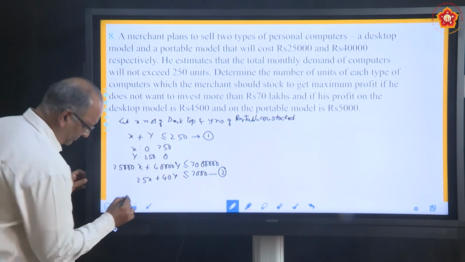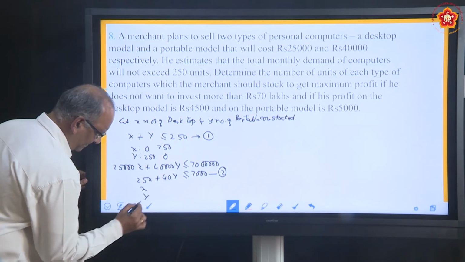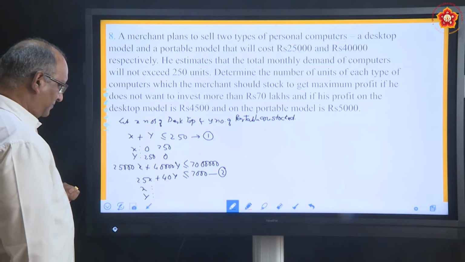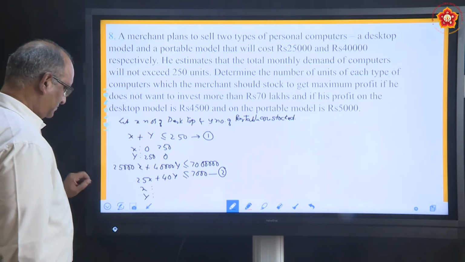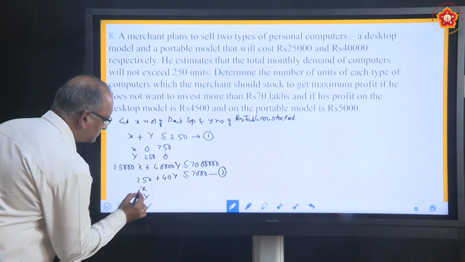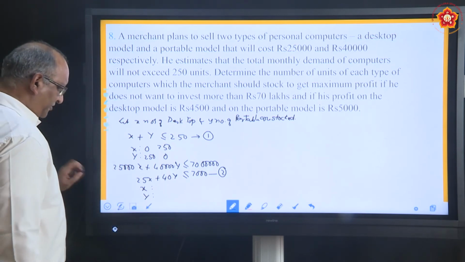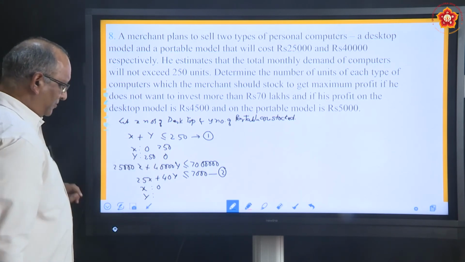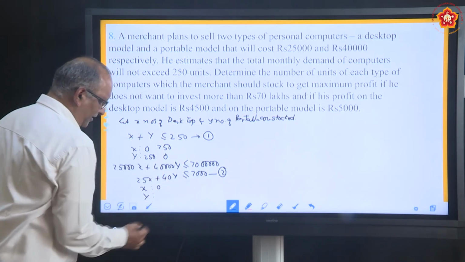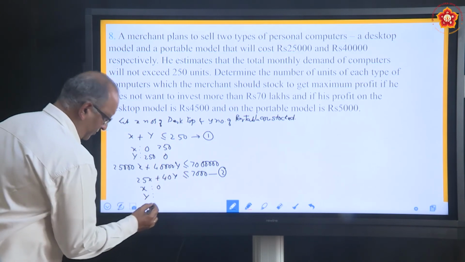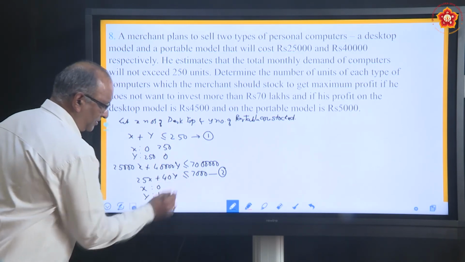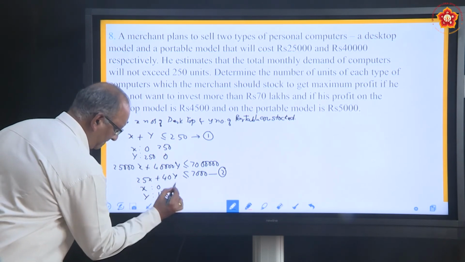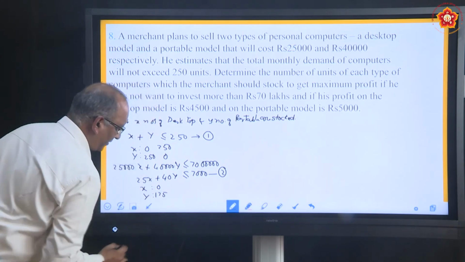Now for the second, if you substitute x equal to 0, divide by 40, you get y as 175.